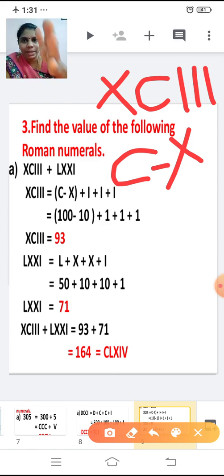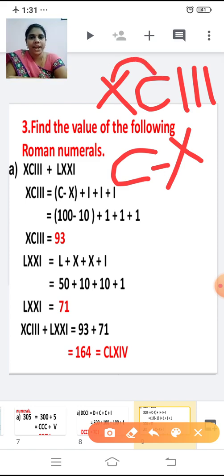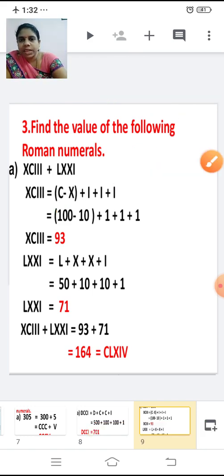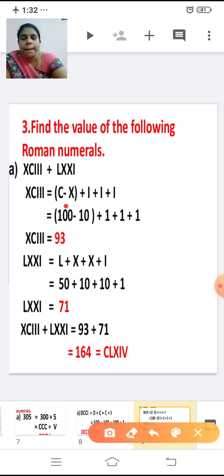If the smaller symbol is placed before the larger one, you have to subtract the smaller one from the larger one. So write C minus X plus I plus I.